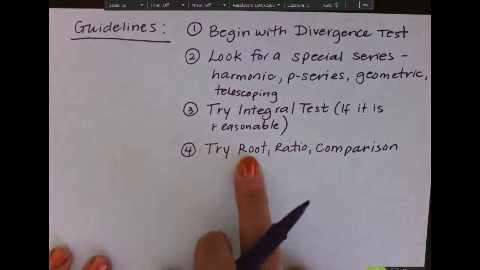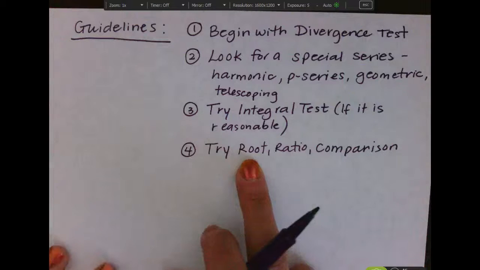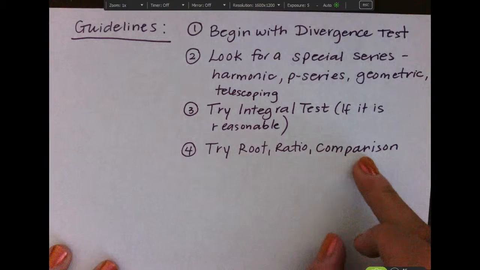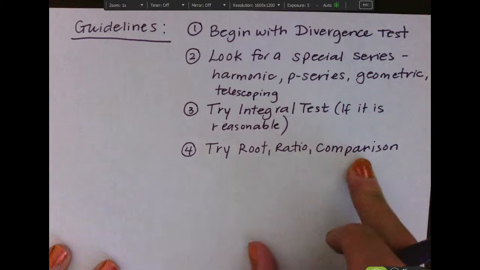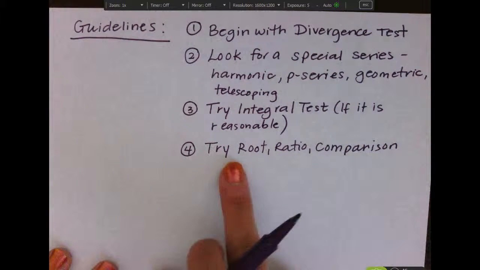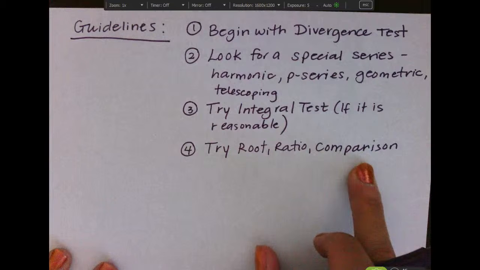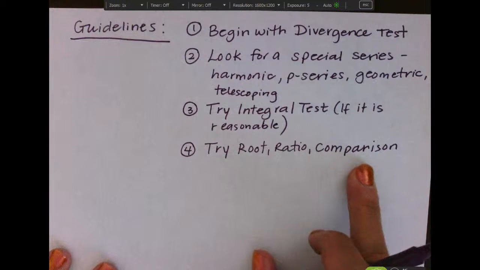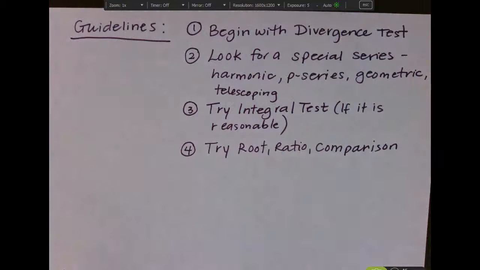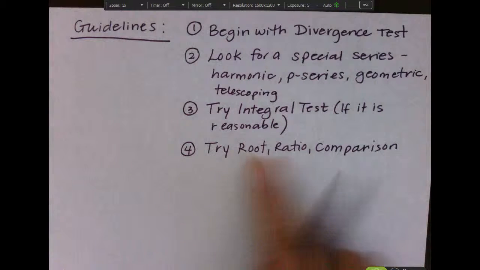It's definitely not convenient in a lot of cases to take the kth root. And then also in terms of comparison, you might not have a quick and easy function to compare it to. So these only work well and efficiently in specific cases. So you sort of want to wait until the end to figure out if one of these might work.